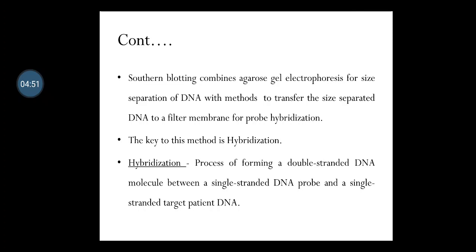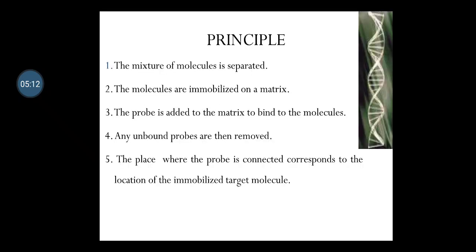The key to this method is simply the hybridization. What actually is hybridization? It is the process of forming a double-stranded DNA molecule between a single-stranded DNA probe and a single-stranded target DNA.